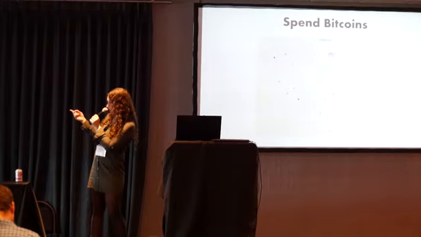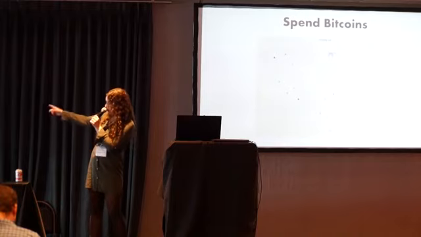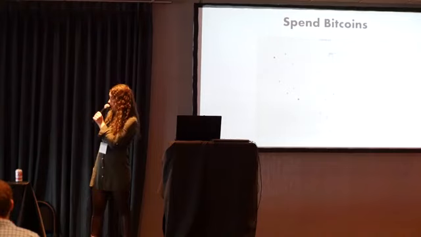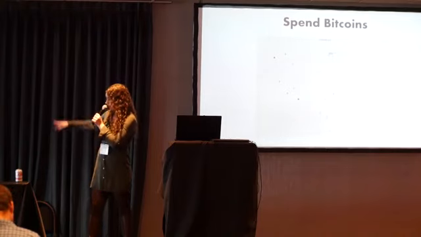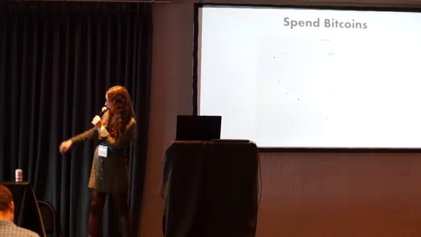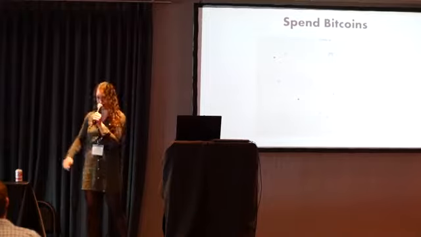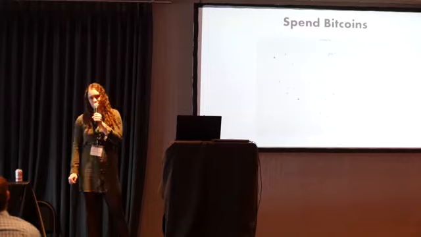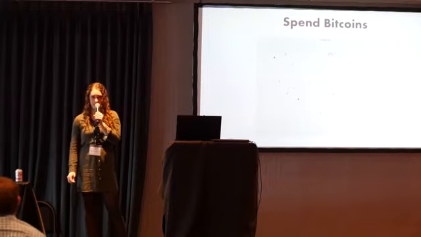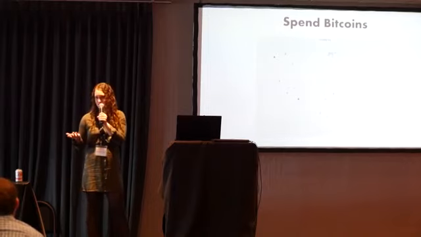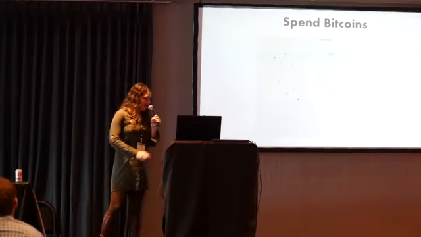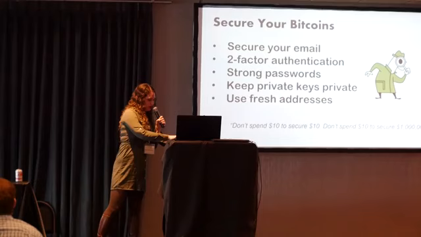Here I just took a little shot of Las Vegas, and they've got places, including this casino right here, where you can pay with Bitcoin. In that middle area there's 11 places, little restaurants and shops, so you can figure it out. Also, there's lots of websites that accept Bitcoin. You can tip people with Bitcoin, tip your favorite podcaster or someone who makes a video on YouTube. So there's all kinds of ways to spend Bitcoins.